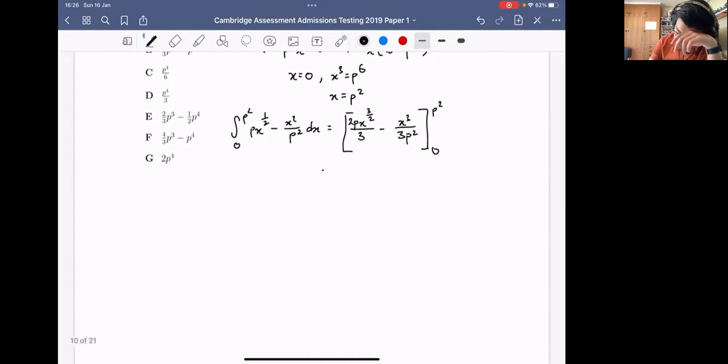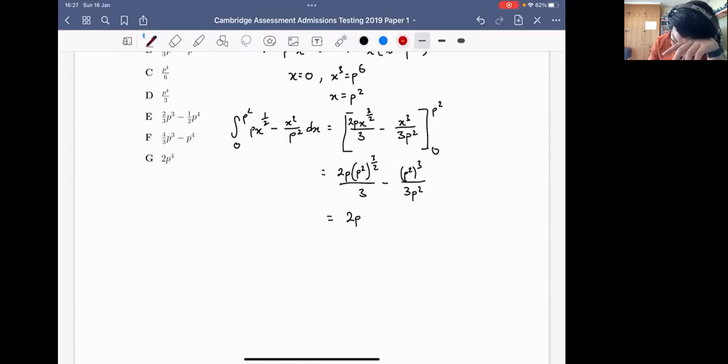So when you substitute 0 in, everything just becomes 0, so we don't have to subtract anything. So we just substitute p squared in. That means 2p times p squared to the 3 on 2 on 3 minus p squared cubed over 3p squared, which is 2 times p.